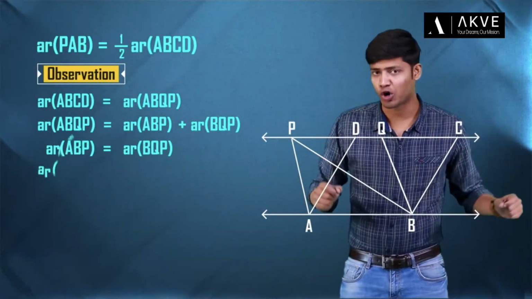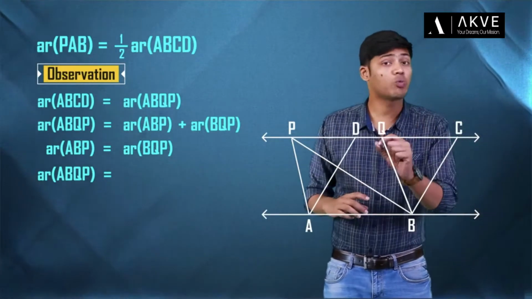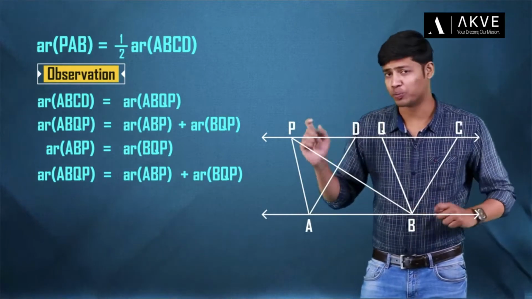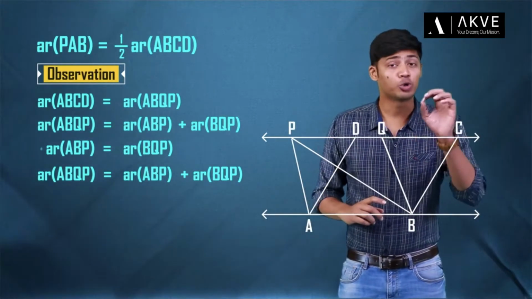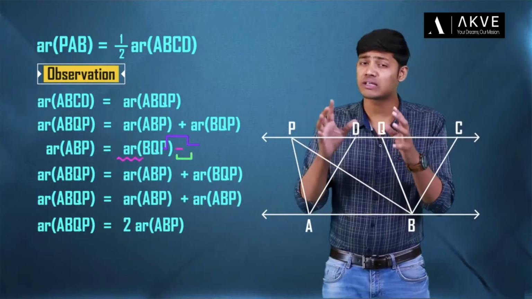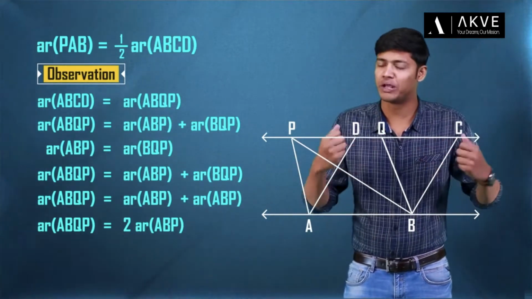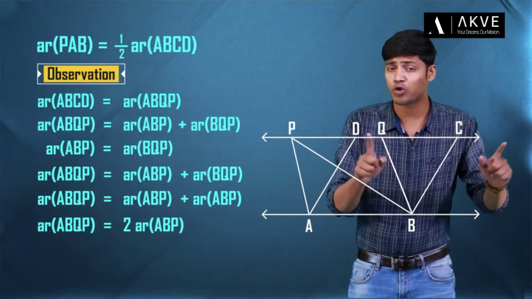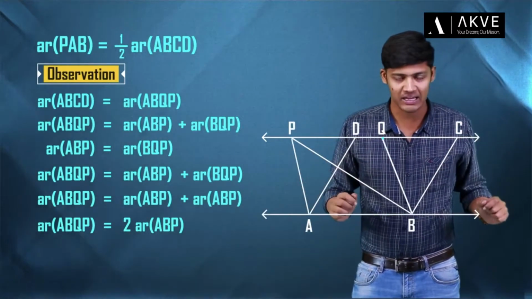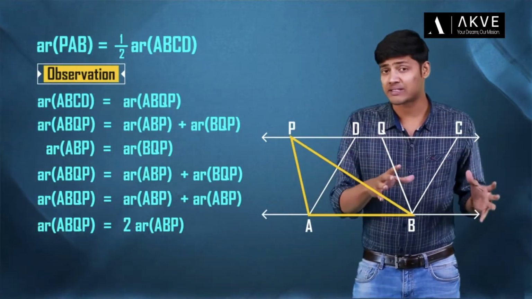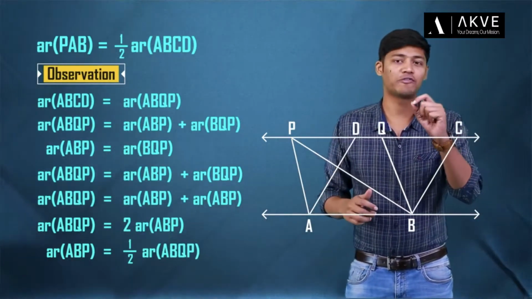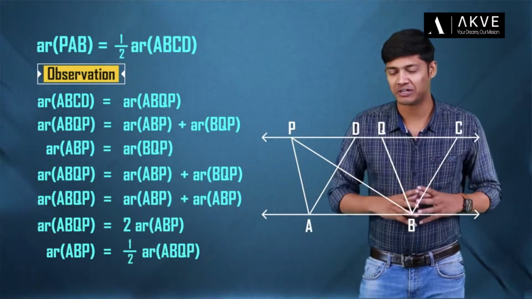So, the area of ABQP is equal to the area of ABP plus the area of BQP, which is nothing but 2 times the area of ABP, since the area of ABP is equal to the area of BQP. So, we proved that the area of the parallelogram ABQP is 2 times the area of the triangle ABP, which implies that the area of the triangle ABP is half times the area of the parallelogram ABQP.